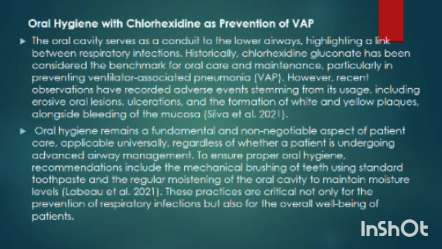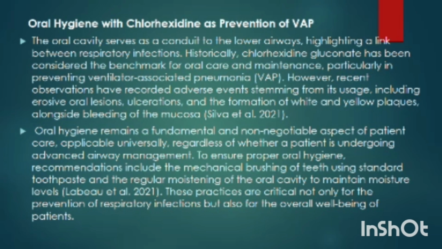Now it has been recommended that oral hygiene should be done by mechanical brushing of teeth using standard toothpaste. That is, brush the teeth as we do daily using a standard toothpaste, with regular moistening of the oral cavity, and keep the oral cavity moist. Don't allow it to be dry, because it might cause injury to the oral cavity and increased ulceration.